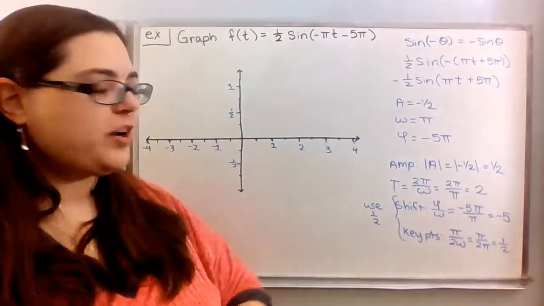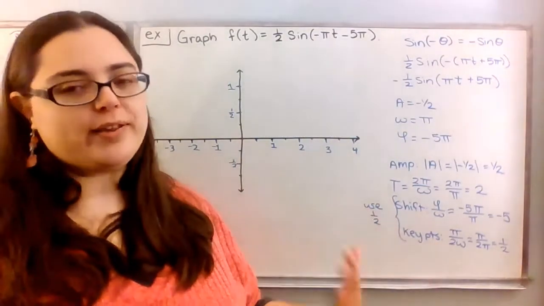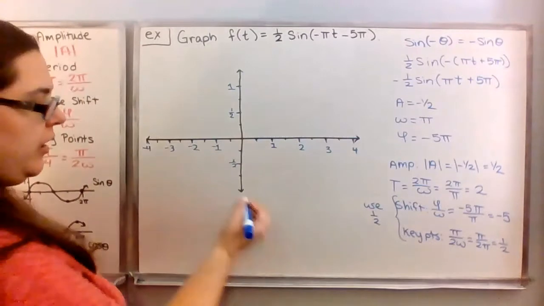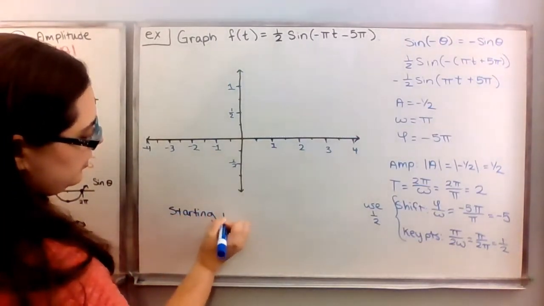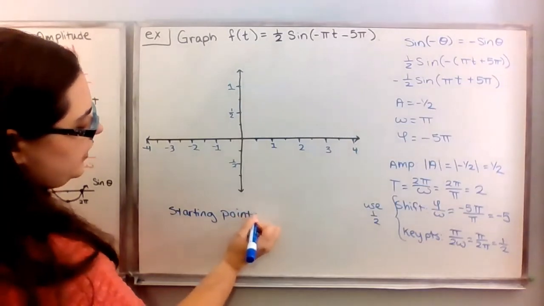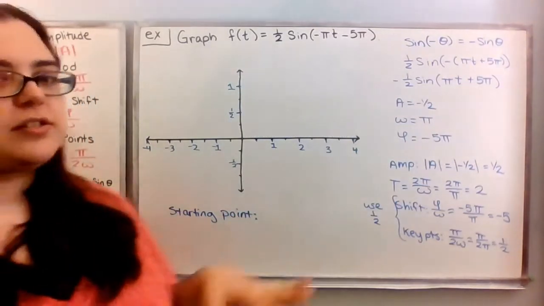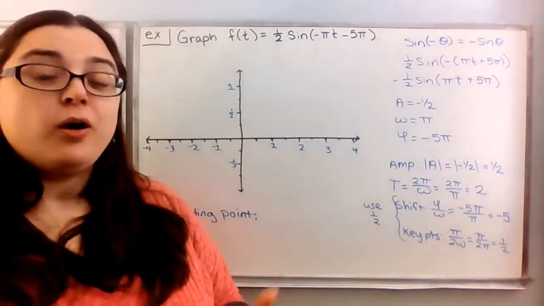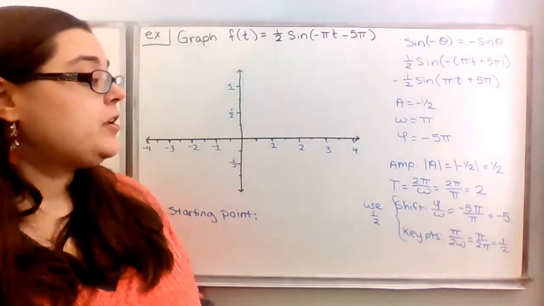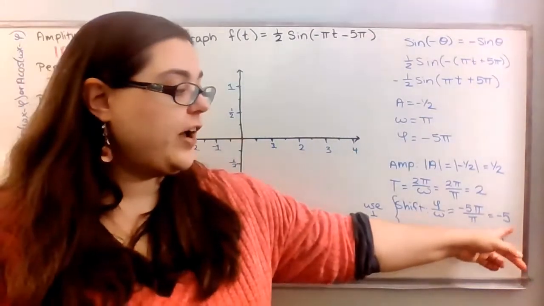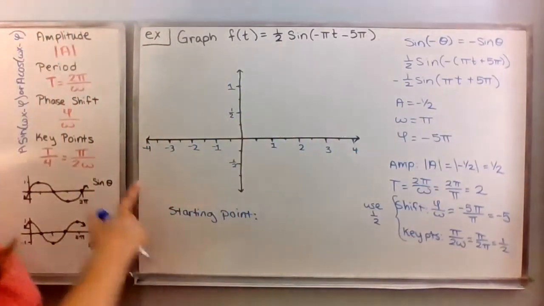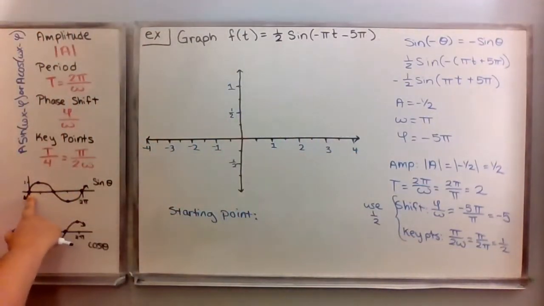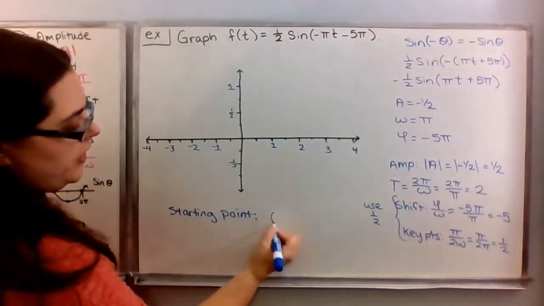And this is where things now start to diverge from what we looked at in the last video. For our starting point, there are a lot of things that are messing up the starting point for this function. One of them is the phase shift. Our phase shift is at -5. So that means for our sine function, sine usually starts at 0, 0. Because of that phase shift, we're going to be starting at -5, 0.